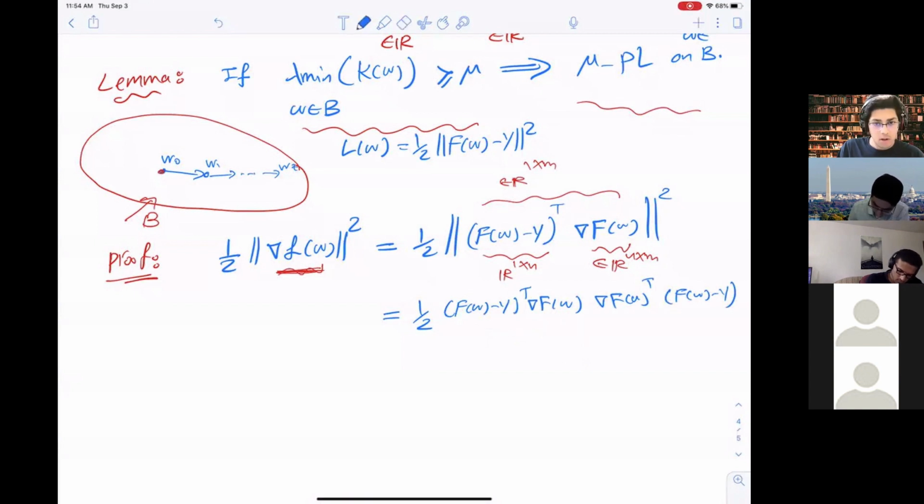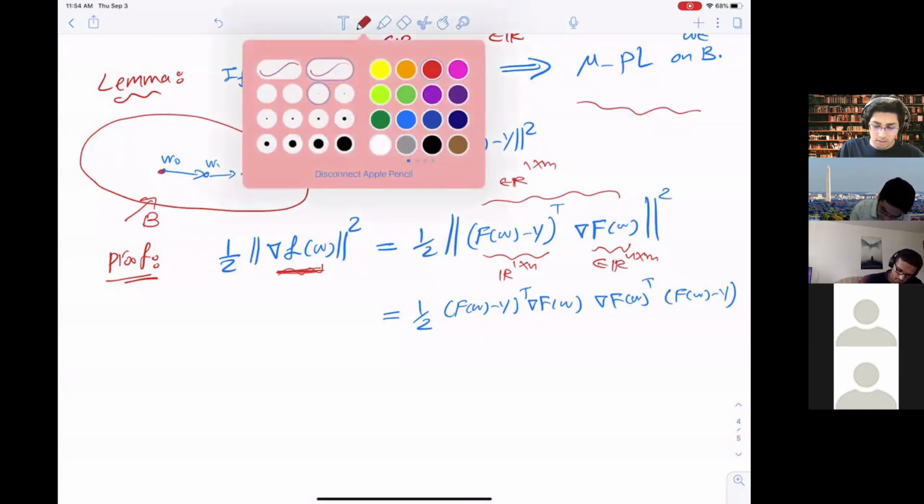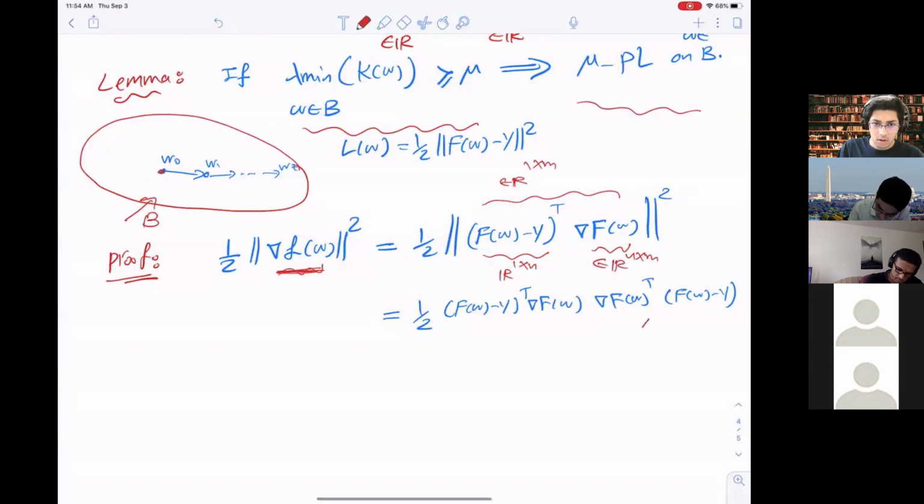Okay, so now you can see where this tangent kernel is coming into the picture. This guy, the gradient times gradient transpose, is nothing but my tangent kernel here. And I know from the lemma that its minimum eigenvalue is bounded away from 0 by mu.